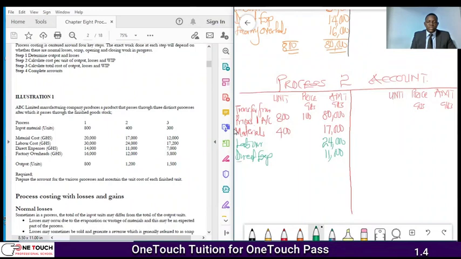Then we have factory overheads of 12,000. Good.